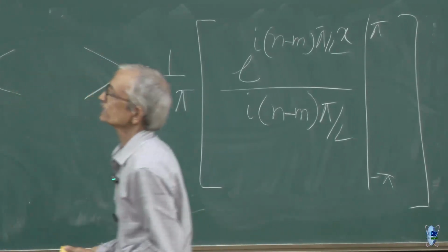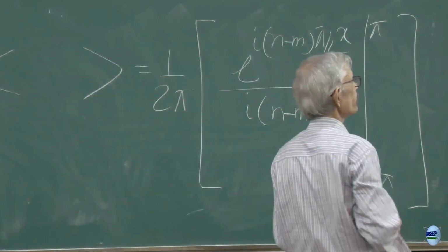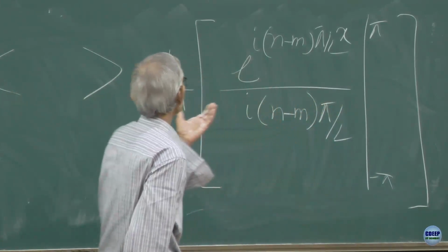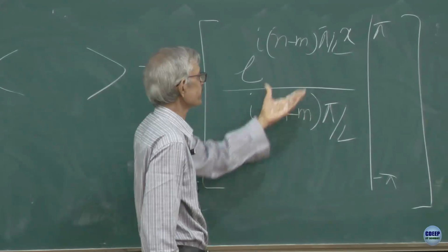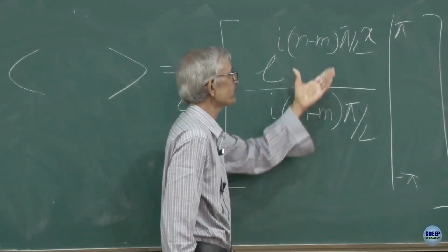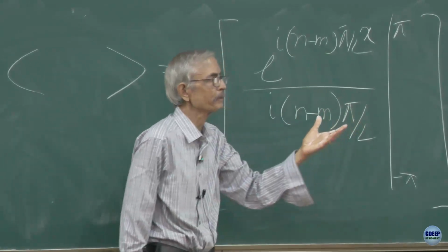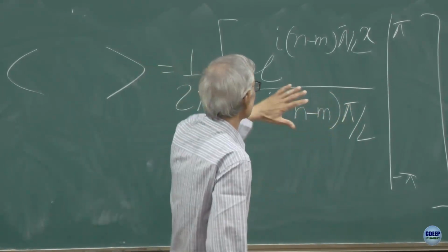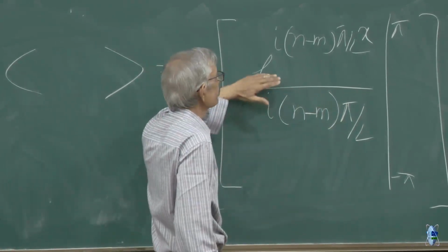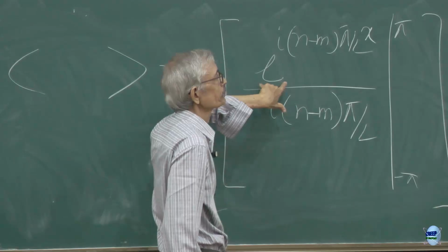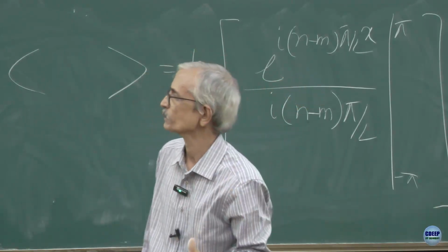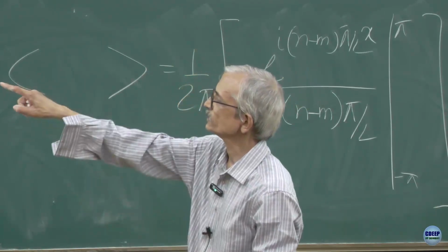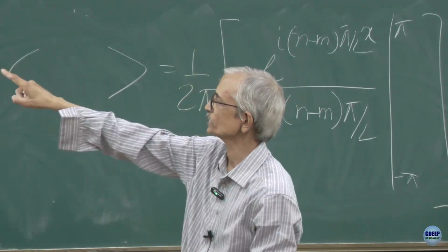The next step, I think I'll use my slide there. So if I'm going to get my inner product, for one minute let us say that n is not equal to m. So if n is not equal to m, this term is going to survive, and I will again use my definition of e to the power of i theta equal to cos theta plus i sin theta, and then you get that particular expression there.